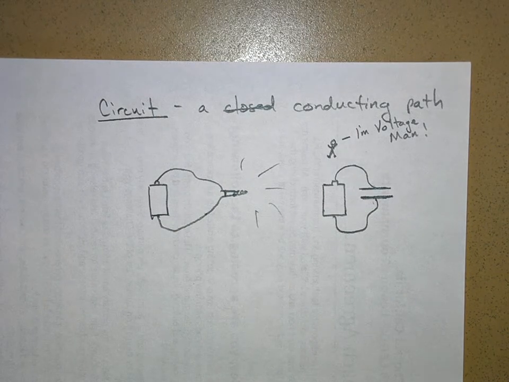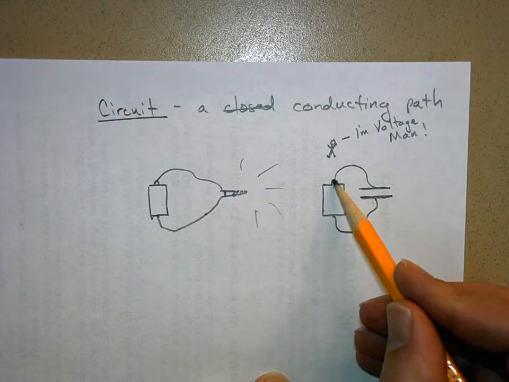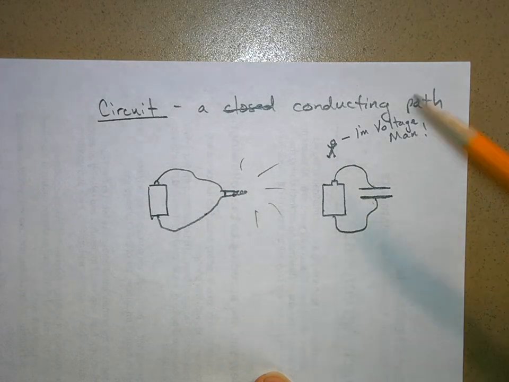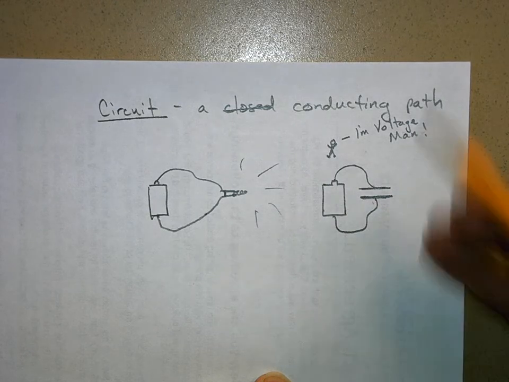He or she, I don't know. I'm sure there's voltage women out there. Huh? There are voltage women out there. Yeah, of course. There's a lot of different voltage people. I'm voltage person. All right.